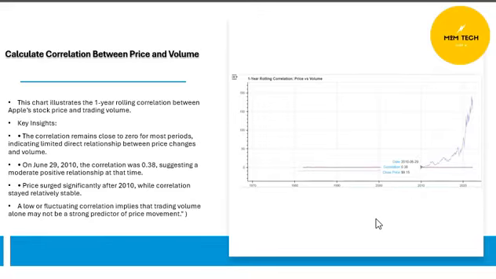On June 29th, 2010, the correlation was 0.38, suggesting a moderate positive relationship between price and volume at that time.